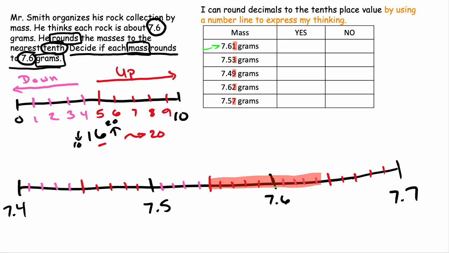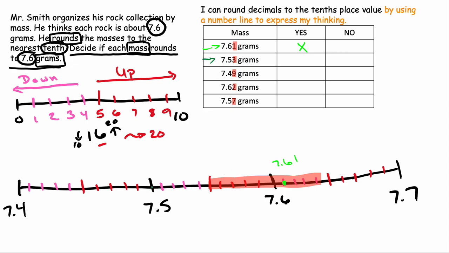Let's start with 7 and 61 hundredths. Here's 7 and 6 tenths, or 7 and 60 hundredths, and 7 and 61 hundredths is right there. So yes, it rounds to 7 and 6 tenths. The next one we have is 7 and 53 hundredths.